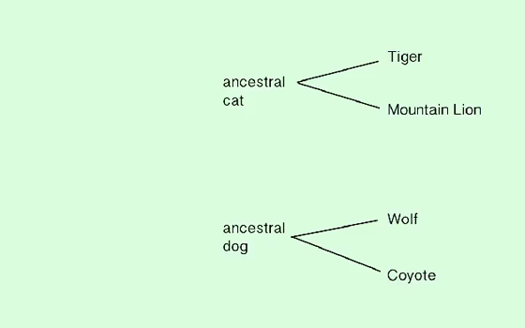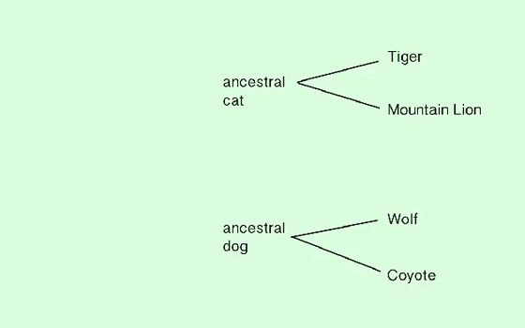And this is the process that we were kind of describing before. From that ancestral cat species, conditions in one lineage gave rise to a pathway, an evolutionary trajectory that led to the evolution of the mountain lion from that ancestral cat, which is very different from the trajectory that led to the tiger.